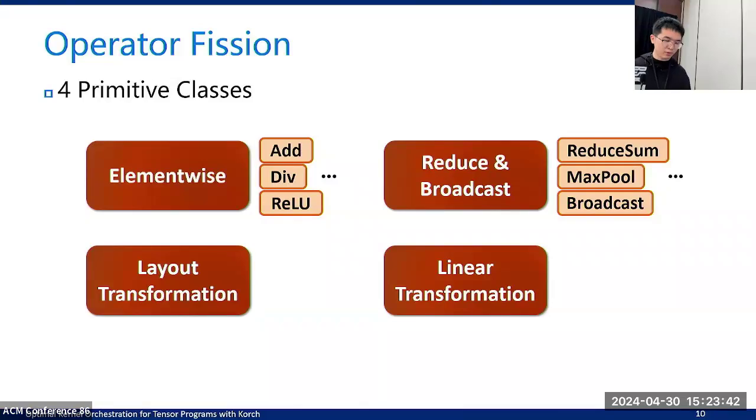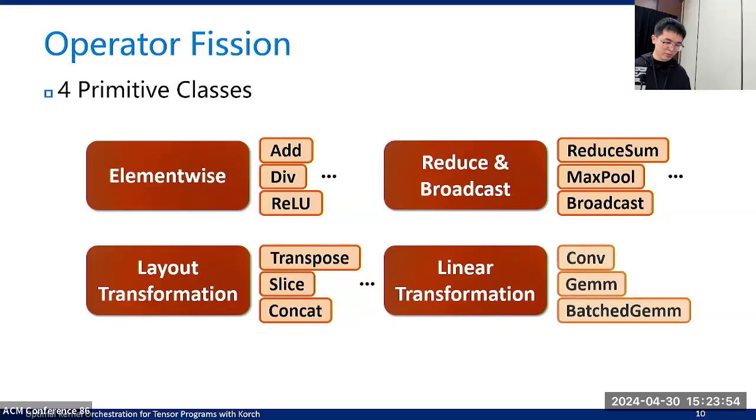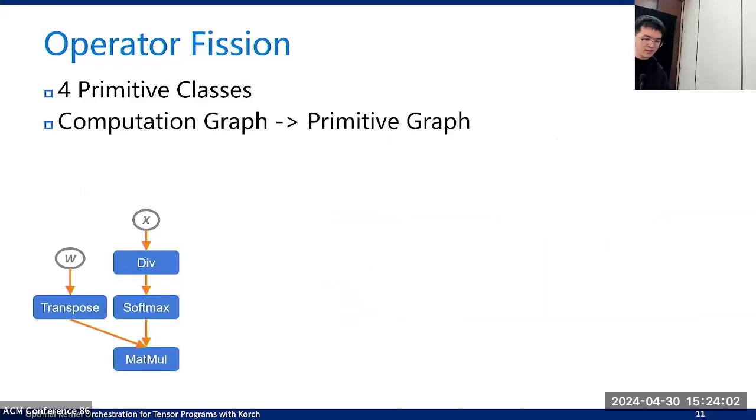For the reduce and broadcast primitives, we have reduce sum, max pool, broadcast, and so on. For layout transformation primitives, we have transpose, slice, concat. And finally, the linear transformation primitives. This will include all the compute-intensive operators like convolution, gemm, and batch gemm. After the operator fission, the computation graph will be transformed into a primitive graph.